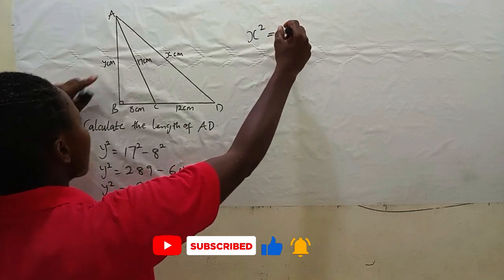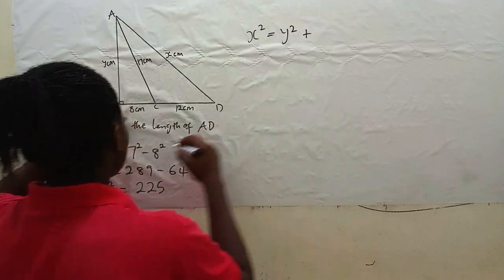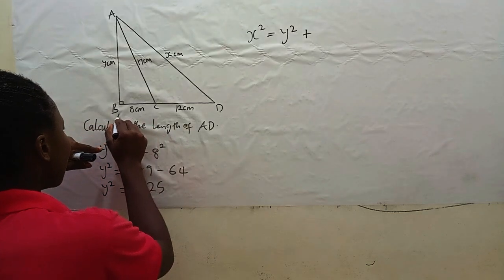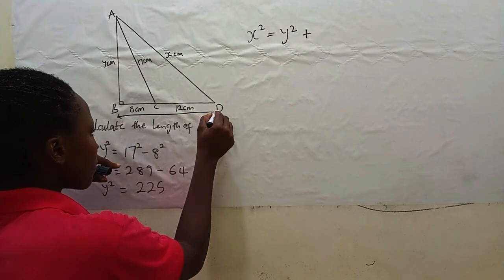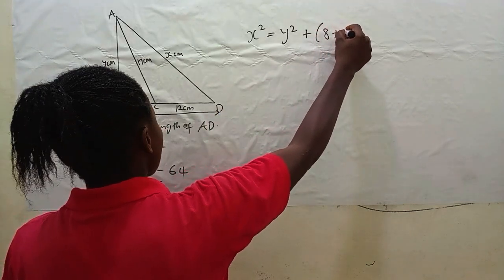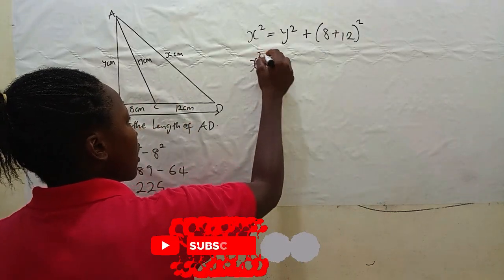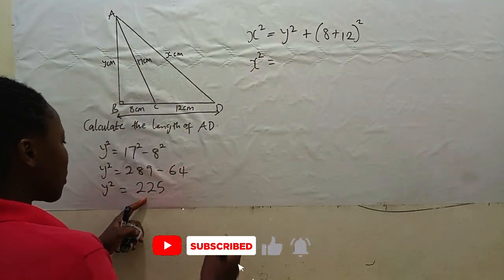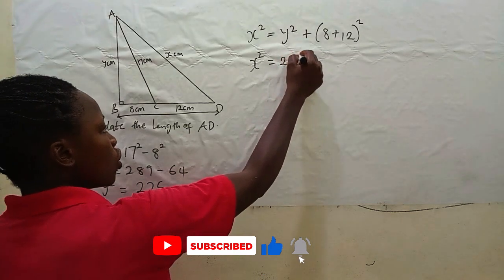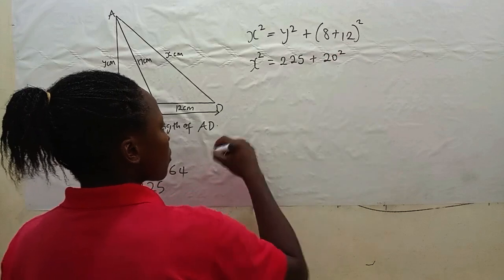x square equals y square plus, we are using AD, that's from here to here. That should be 8 plus 12 squared. Okay, x square equals, our y square is 225 plus 20 squared.